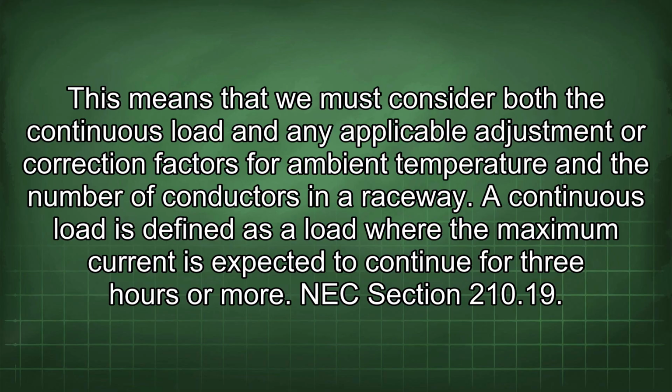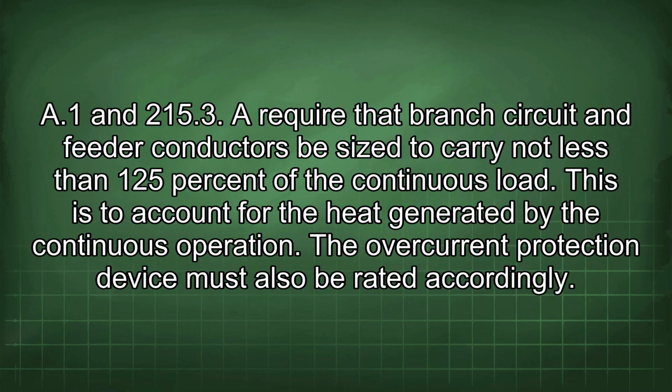A continuous load is defined as a load where the maximum current is expected to continue for 3 hours or more. NEC sections 210.19(A)(1) and 215.2 require that branch circuit and feeder conductors be sized to carry not less than 125% of the continuous load. This is to account for the heat generated by the continuous operation.